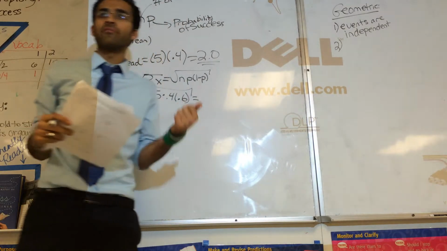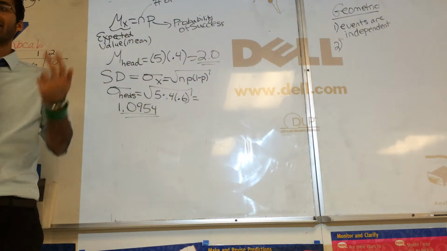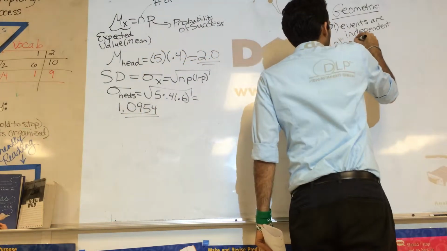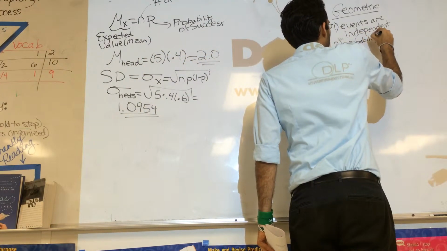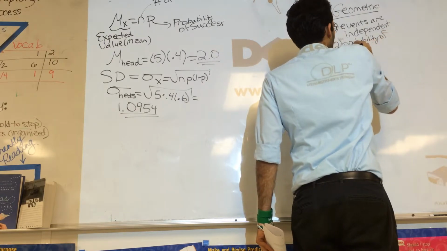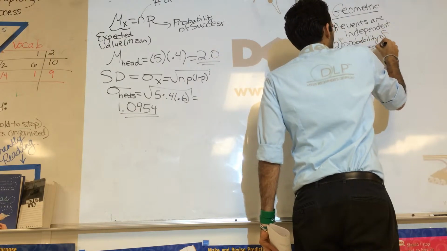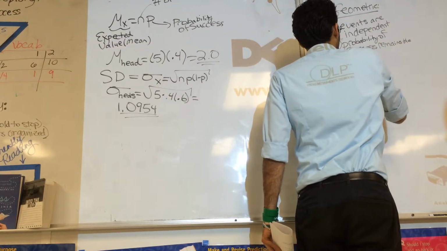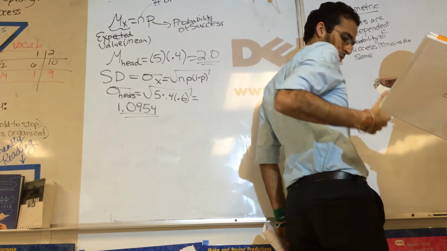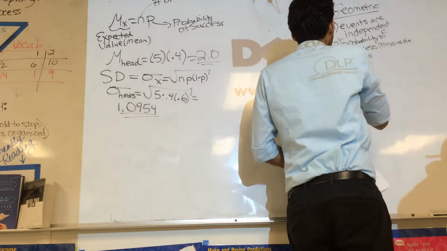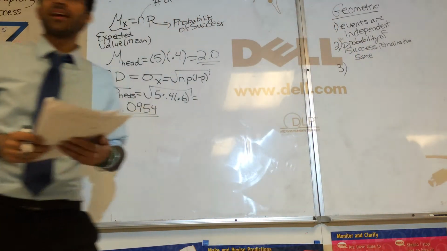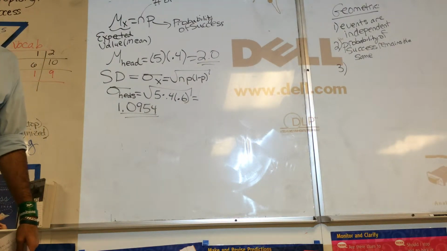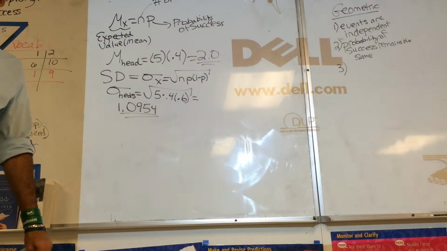The second condition is also the same as for the binomial, that the probability of success remains the same. So again, this is like saying that every time I flip, it's always going to be a 40% chance of getting heads.